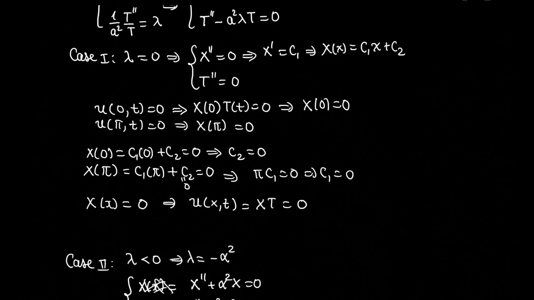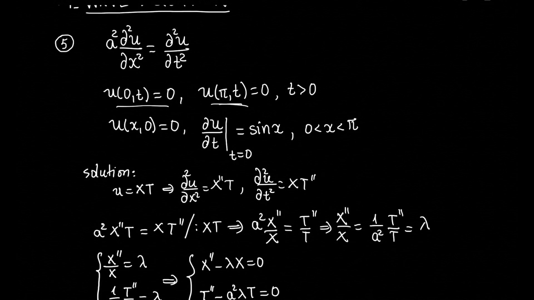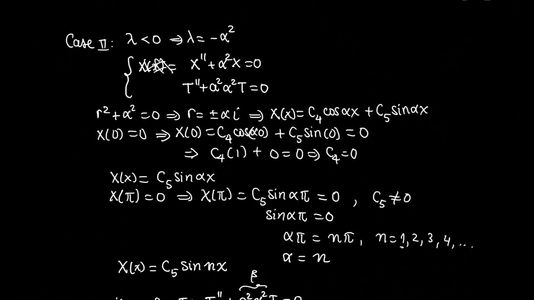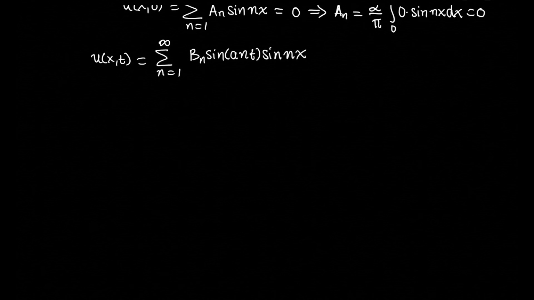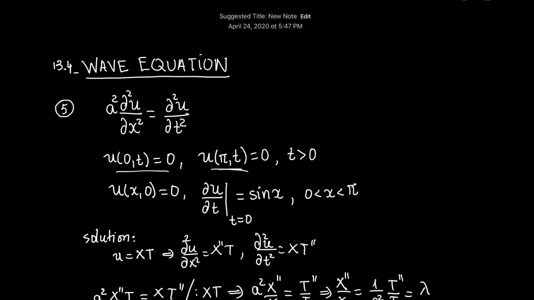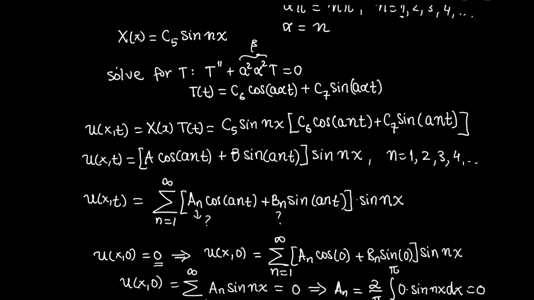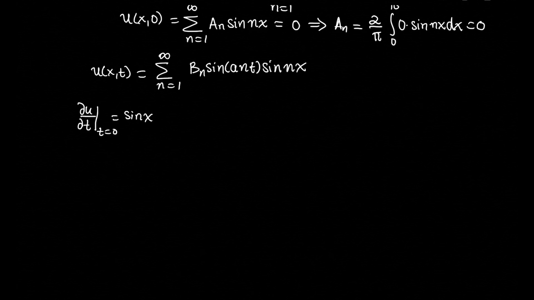I use the other initial condition. Going back, this is the other initial condition: it was given that the first derivative of u with respect to time when t equals 0 is equal to sine x. Let me just confirm it is t equal to 0. Yes, t, because it's an initial condition. Okay, t equals 0.